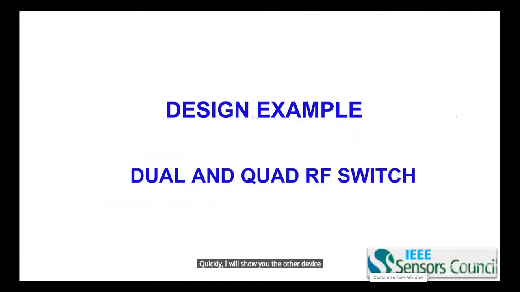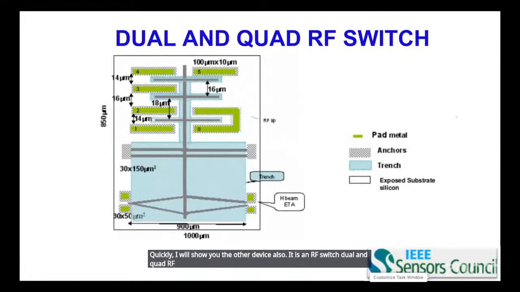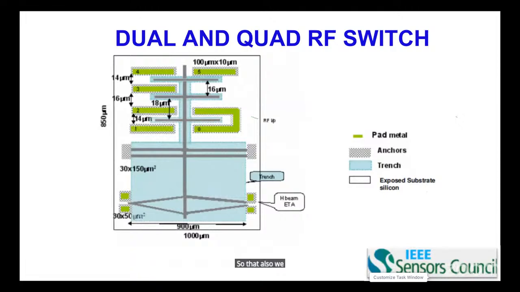It is an RF switch, dual and quad RF switch. As you see, this is a V-beam structure. Rather than calling this a V-beam, we can also call this an H-beam. It is kind of an H structure. These are the actuators, so it's quite simple.